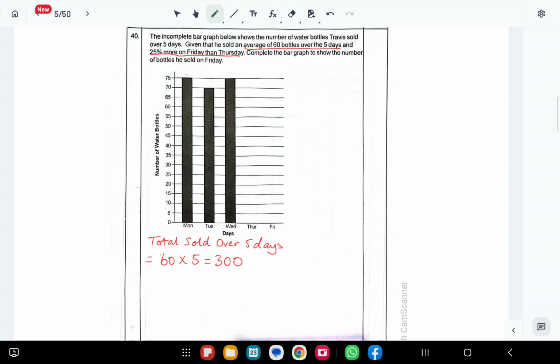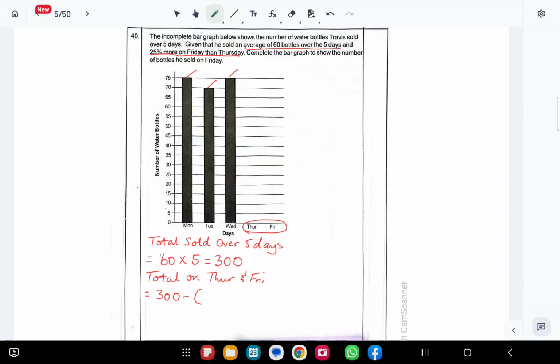They gave us Monday, Tuesday, and Wednesday. And we need to solve for Tuesday and Friday. So to solve now the total on Tuesday and Friday, it will be from the total of the 5 days, which is 300, we take away the sum of the 3 days that were given, which is Monday, Tuesday, and Wednesday.